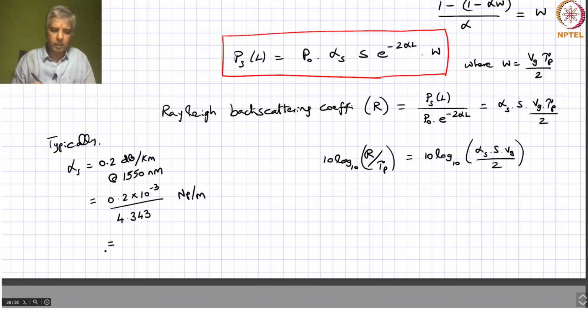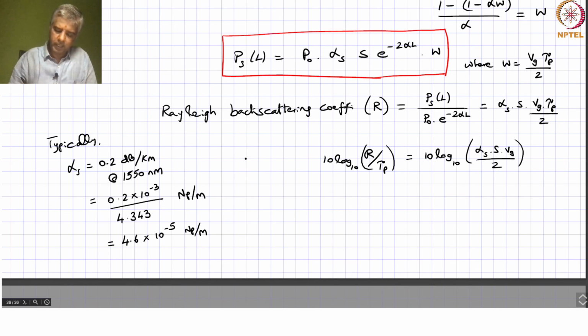If you do that calculation, that corresponds to roughly 4.6 times 10 power minus 5 Nepers per meter. So that is alpha S.